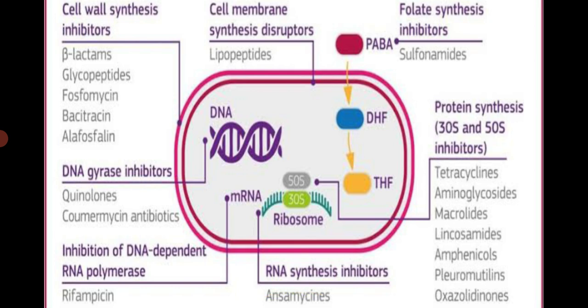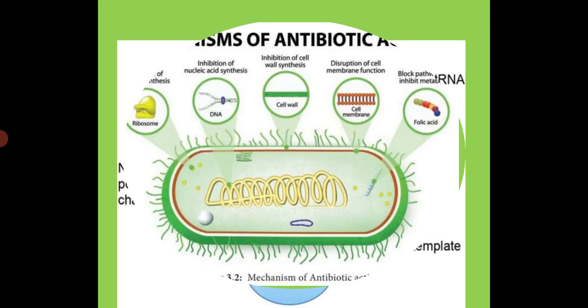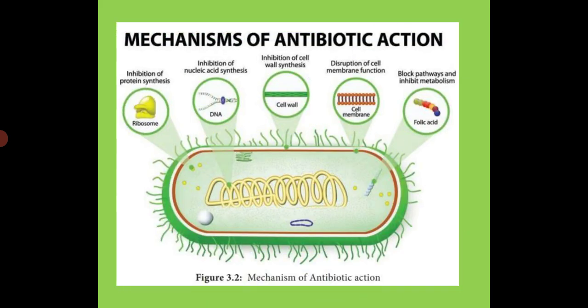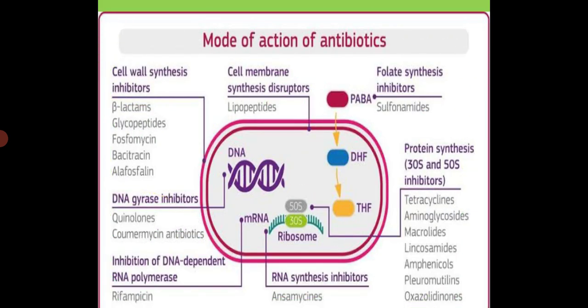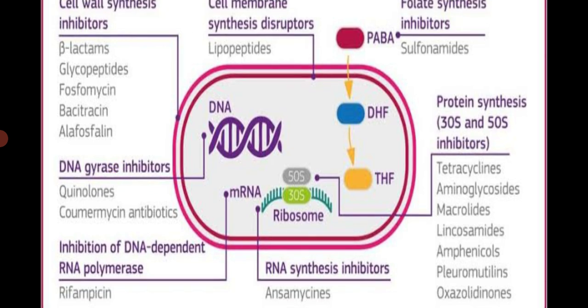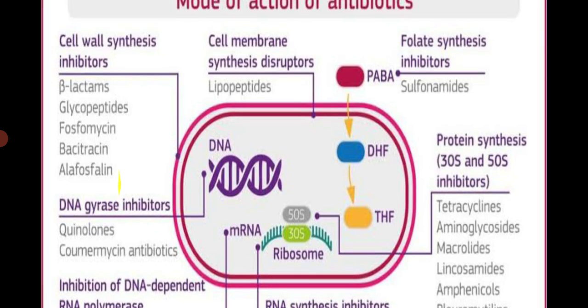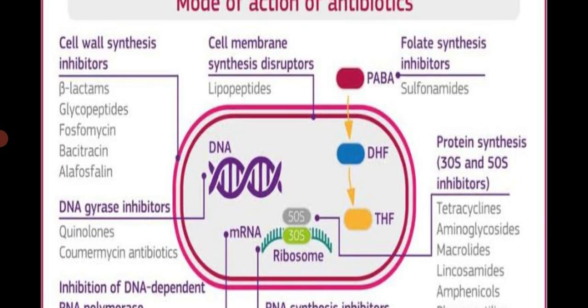The protein synthesis inhibitors binding to the 30S and 50S subunits are tetracycline, aminoglycosides, macrolides. The folate synthesis inhibitor is sulfonamides, and the cell membrane disturbers are lipopeptides.